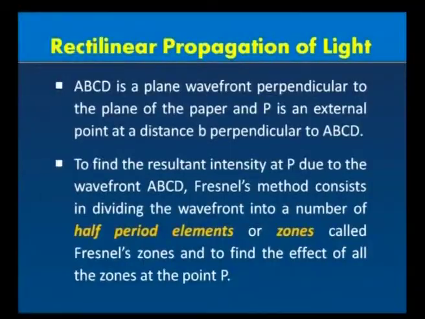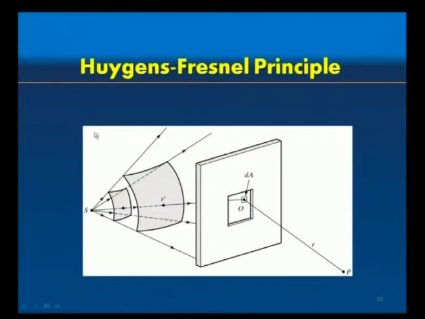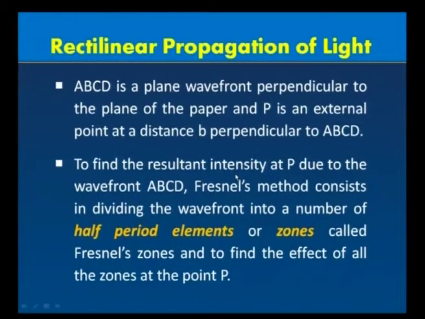What you are going to do is, you take a plane wave front and construct what are called half period zones, right? And the light coming from every half period zone, how will they behave? So, ABCD, what I showed just now, is the plane wave front. Now, on the plane wave front, I am going to construct what are called half period zones. ABCD is a plane wave front perpendicular to the plane of paper, and P is an external point.